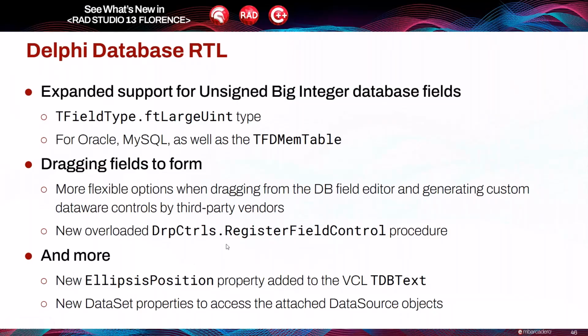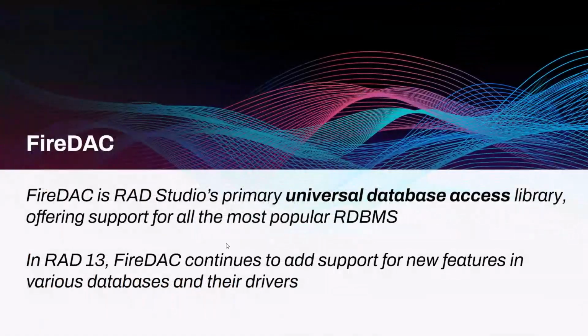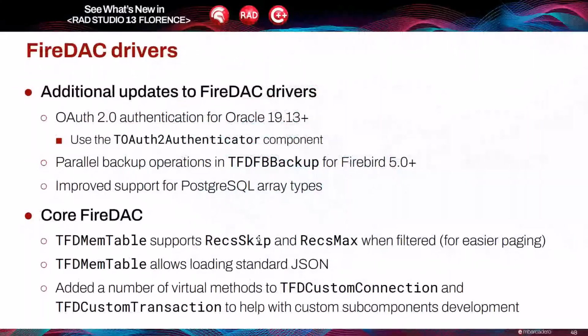Okay, the FireDAC side, I'm sure you're very aware of what FireDAC is. It's a universal database access library that connects to, I don't even remember the number of databases. Again, there are multiple new improvements in FireDAC. For example, we now support OAuth 2.0 for authentication for Oracle 19. Now, in FireDAC, we support the parallel backup operation for the FB backup component.